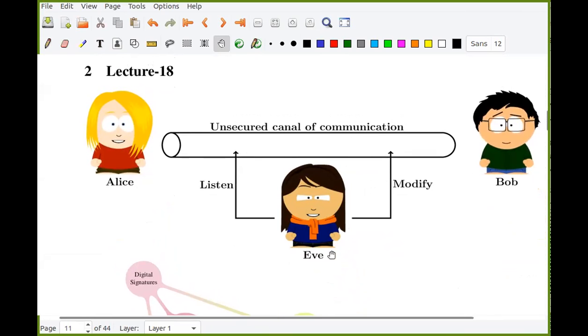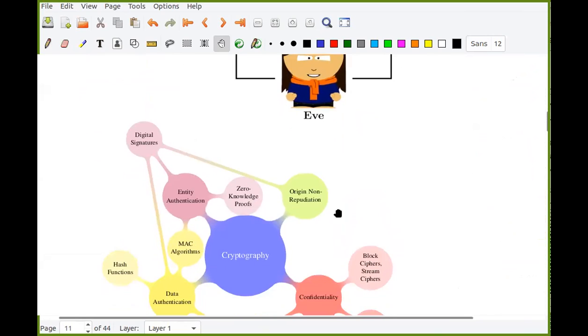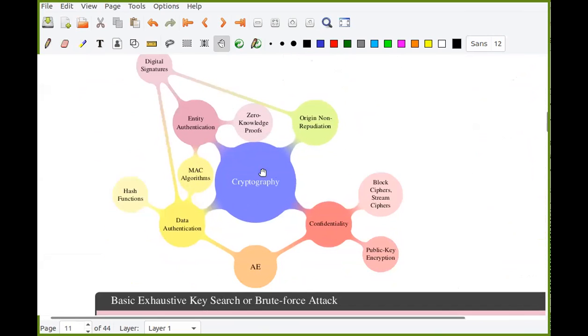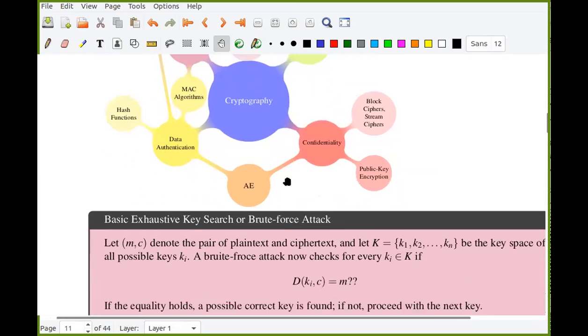These are some of the main cryptographic applications: data authentication, MAC algorithms, hash functions, zero knowledge proofs, origin non-repudiation, confidentiality. These are all cryptographic parts.